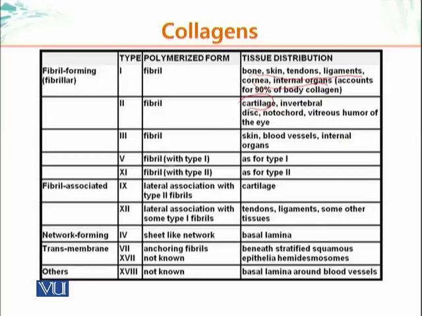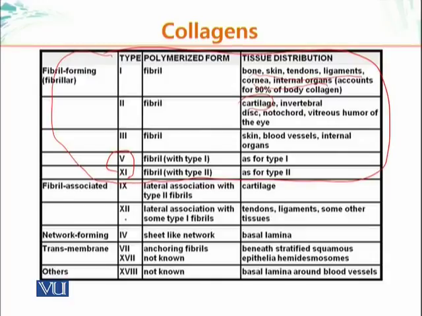Type 5 is associated with type 1 collagen, and type 11 is associated with type 2 collagen. So these are basically the fibril-forming collagens. Either they form fibrils, or, for example 5 and 11, they associate with collagen type 1 and collagen type 2 respectively. They're fibril-associated collagens.